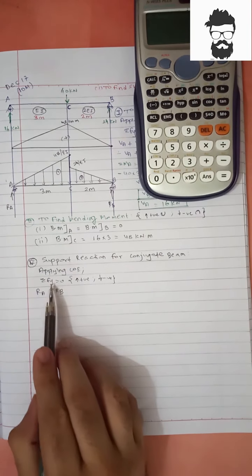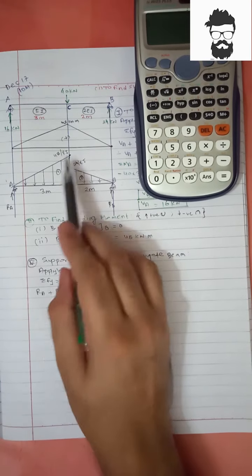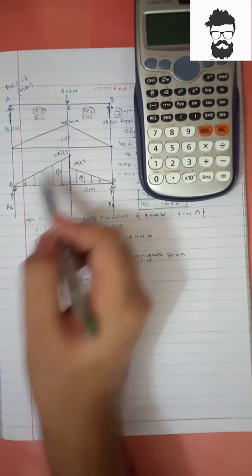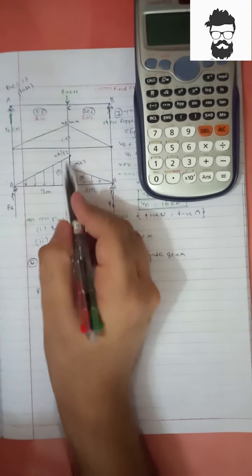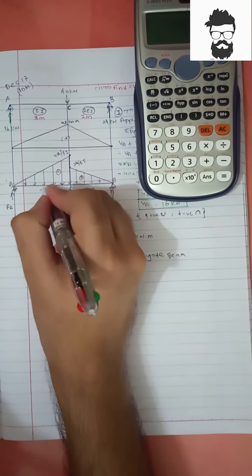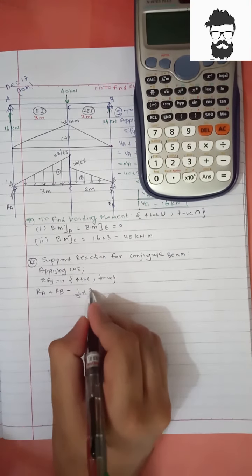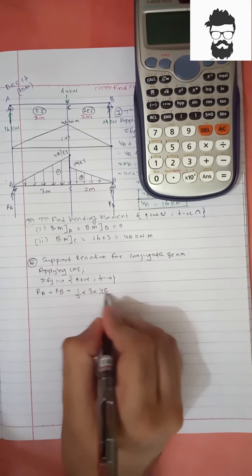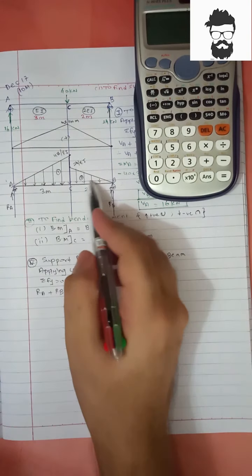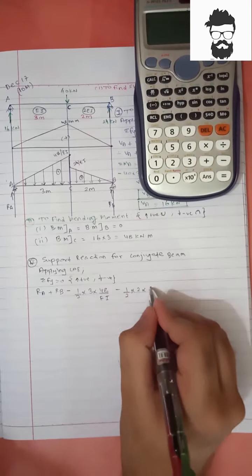So whenever we are applying Fy, we should consider this triangular load, which is also called as UVL. So what we need to do is we need to find its area. So area of this triangle is half into base into height and its direction is downward, which indicates minus sign. So half into base is 3, height is 48 upon EI. This is area of triangle 1. For triangle 2, we need to find its area, half into base into height.